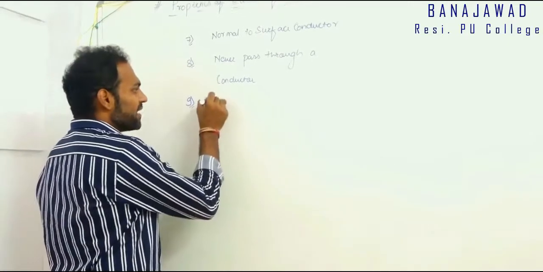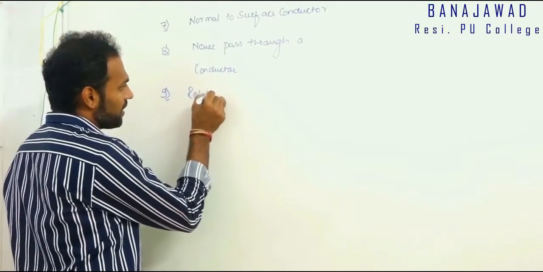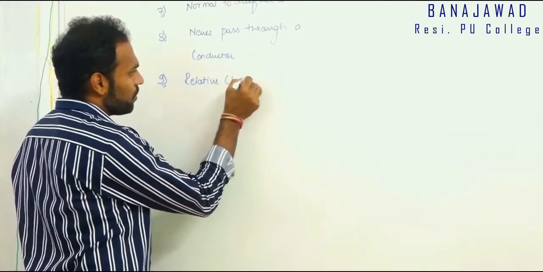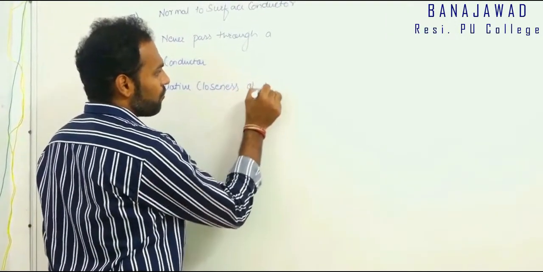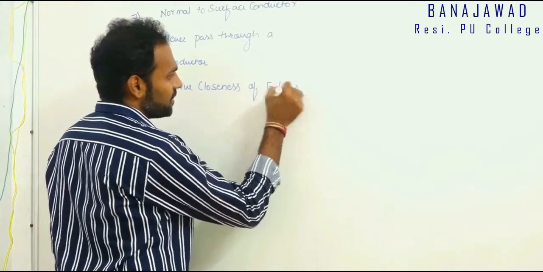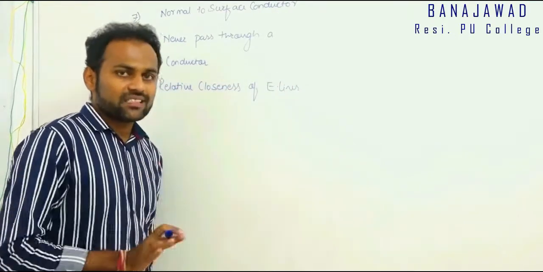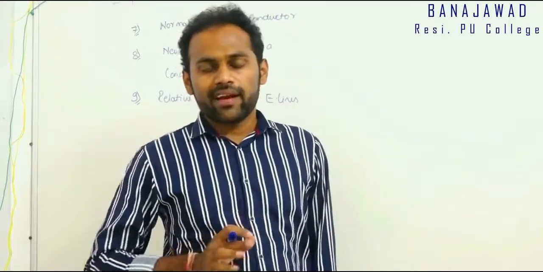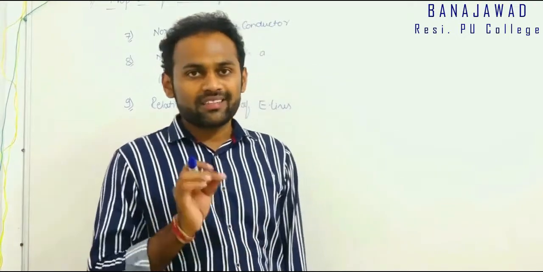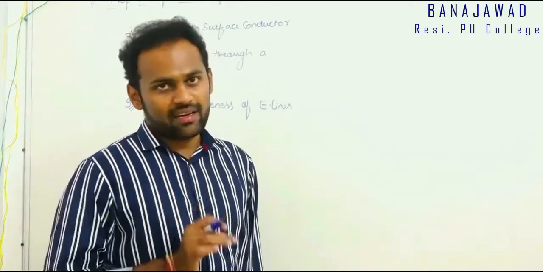Next, 9th property. See, the relative closeness of the electric field lines represents or tells us about the strength of the electric field at that region.